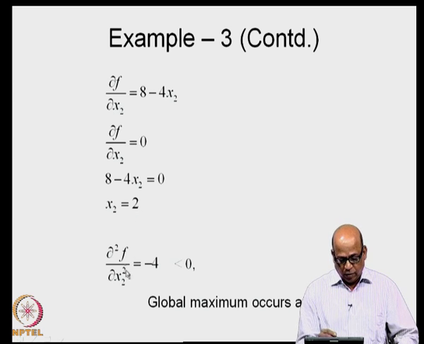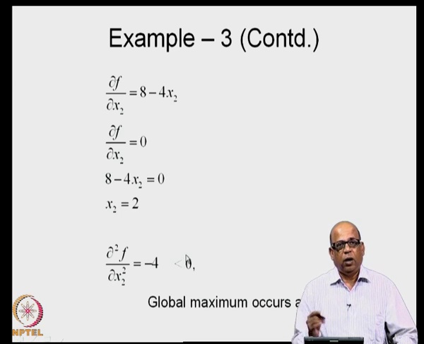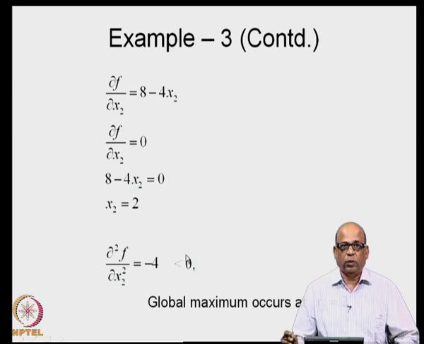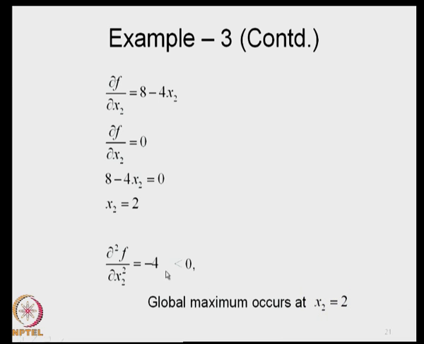Go to the second derivative, that becomes minus 4, which is negative, and therefore, a local maximum occurs at this location, x2 is equal to 2.